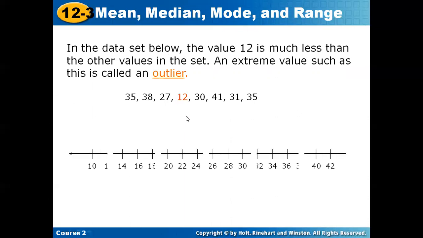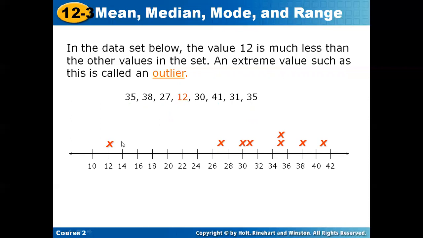So if you're going to put this on a number line, let's say, for example, 35 is located here, then 38, 27, 12, 30, 41, 31, and 35. You will observe here that the number 12 is too far from the other set of numbers that we have.